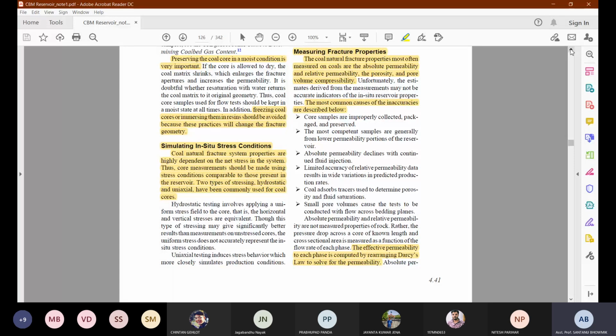Suppose we are considering a coal block of 1 centimeter cube at some depth. Until and unless you actually take the sample and take out the structure by a powerful microscope or by scanning, you will not be able to measure all the fractures and their orientation and their apertures in a very accurate way.